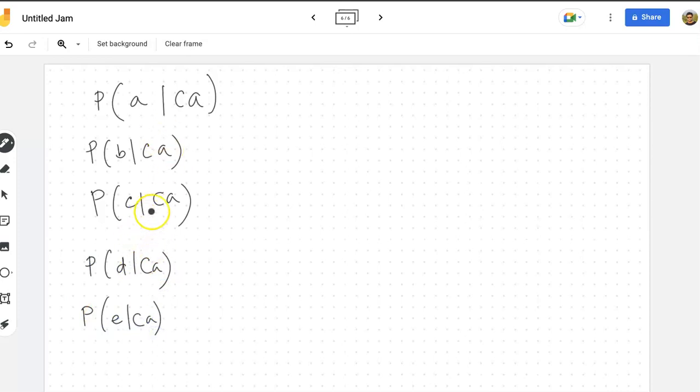So there are 5 probabilities they want. But for simplicity let's ignore those; you can do it by yourself.